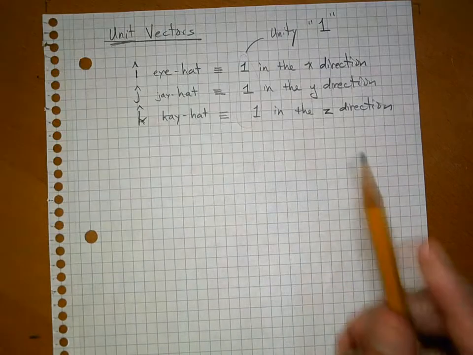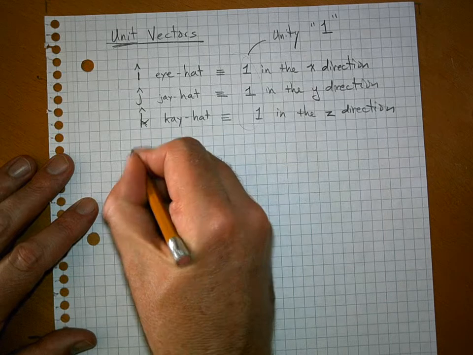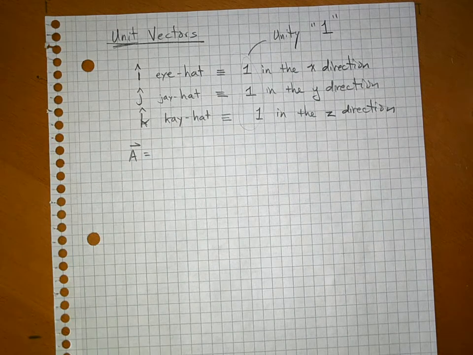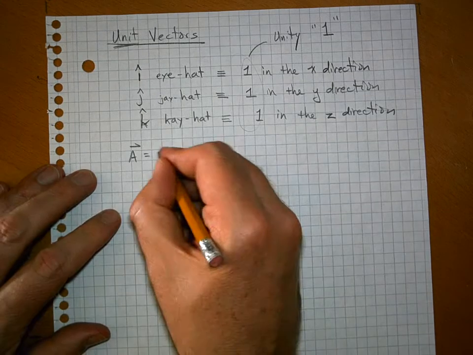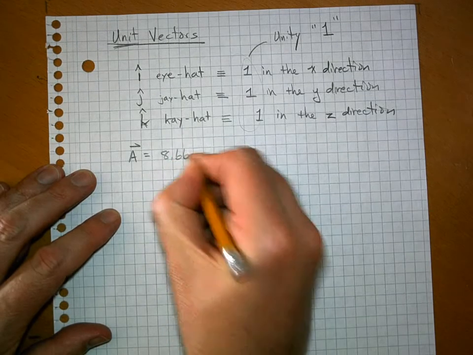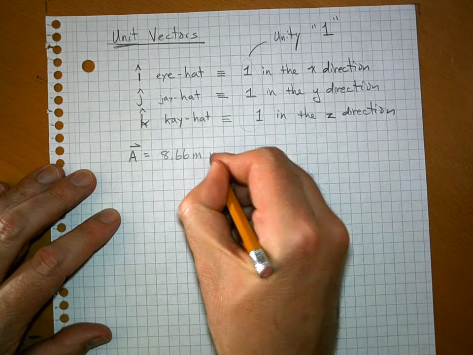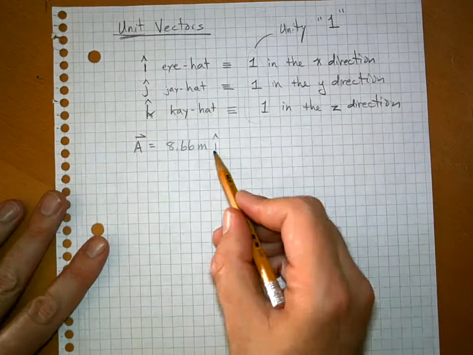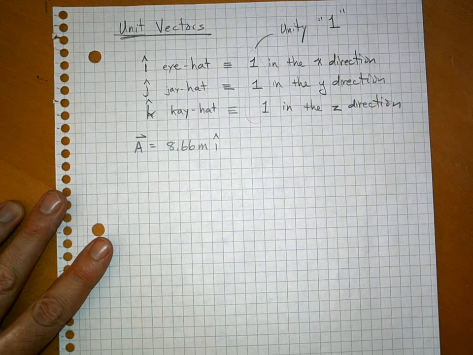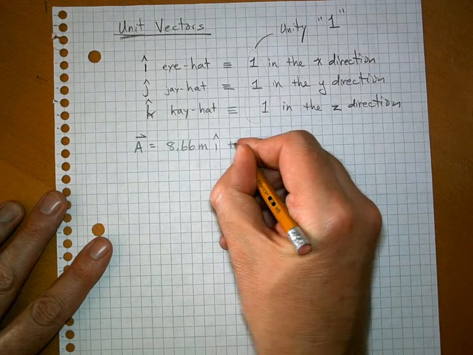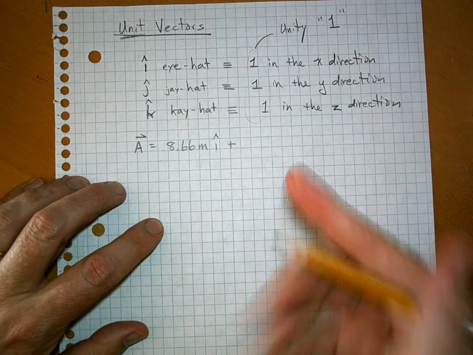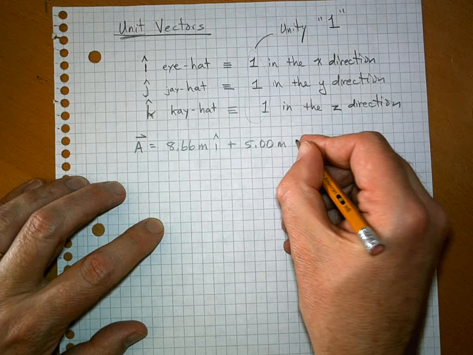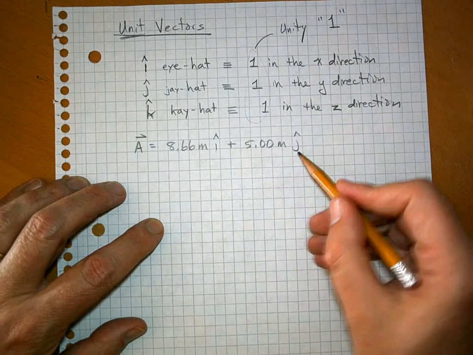Well, it's just way easier to say that vector A is equal to 8.66 meters in the x direction. See how I just said the words when I put the I hat there. In the x direction. Plus 5.00 meters in the y direction. In the y direction.